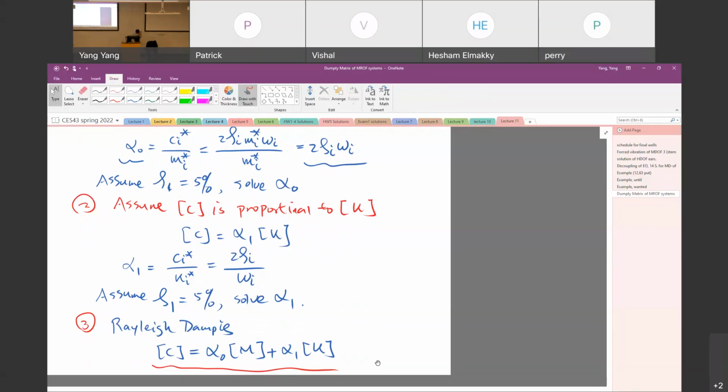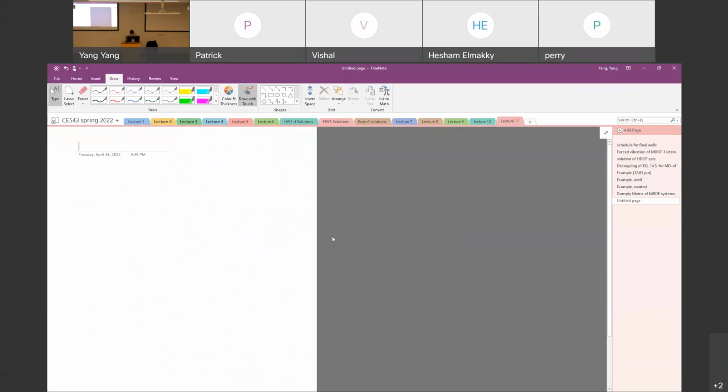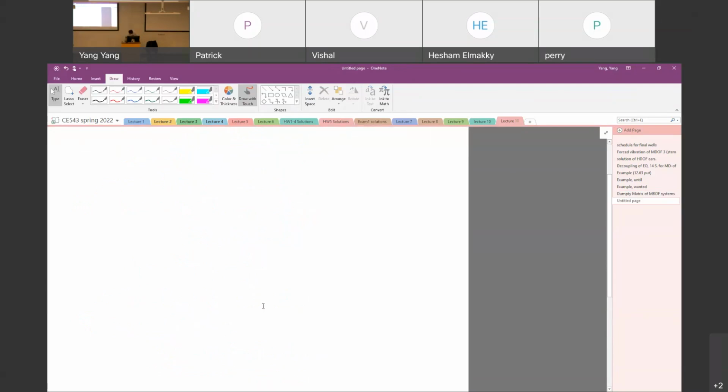In order to calculate that, we need to know two modes. So in future, if you do a dynamic analysis for a multiple-story building, don't be surprised by what the hell is Rayleigh damping. That is Rayleigh damping.